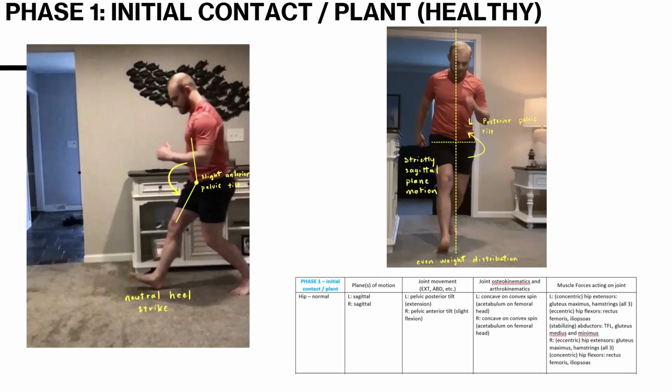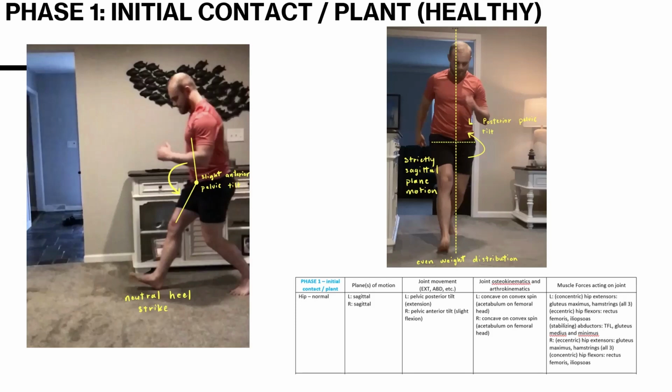Taking a look at the muscles acting on the hip joint. On the left leg, we have our hip extensors contracting concentrically, which includes our glute max and our hamstring muscles, whereas our hip flexors are contracting eccentrically. The muscles here include our rectus femoris and iliopsoas.